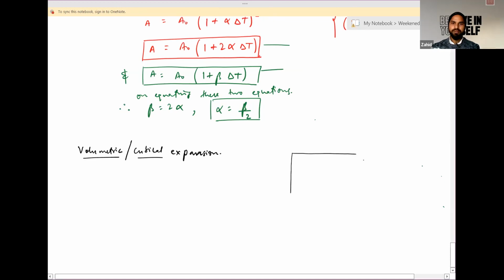Suppose you have a cuboid having initial length L0, breadth B0, and height H0.